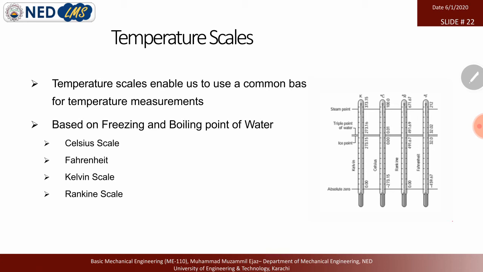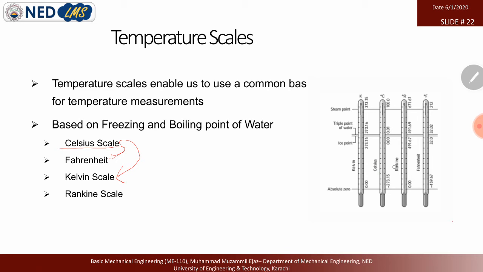Based on the freezing and boiling point of water, we have the Celsius scale, Fahrenheit, Kelvin and Rankine scale. So we know that the degree centigrade and Fahrenheit each have an absolute scale. The absolute scale of degree centigrade is Kelvin.